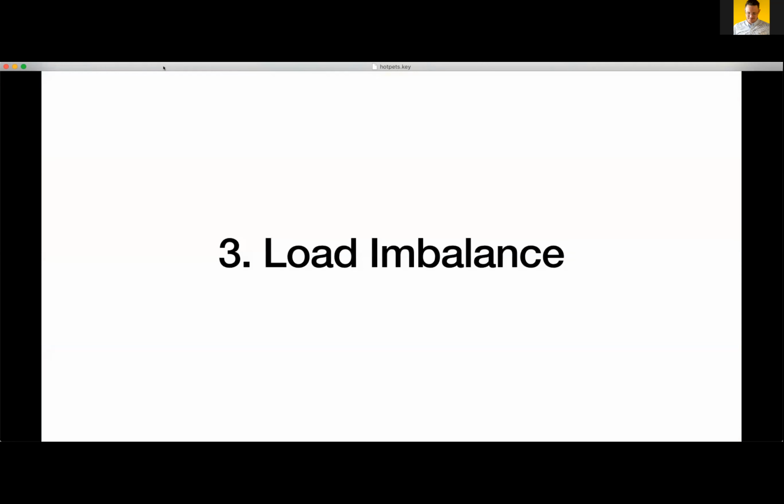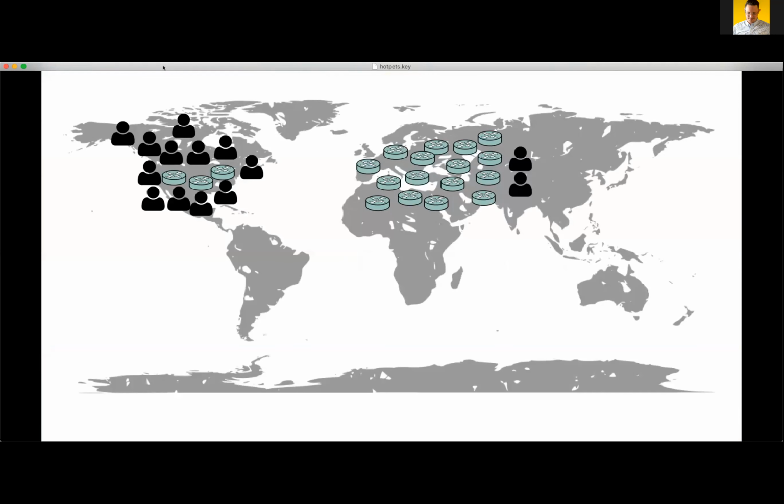And then the third issue that affects these location-aware systems is load imbalance, which I really couldn't fit into the story that I was telling, but the idea is simple. If the distribution of users in the network does not match the distribution of relays in the network, it means that we'll have some load imbalance here.